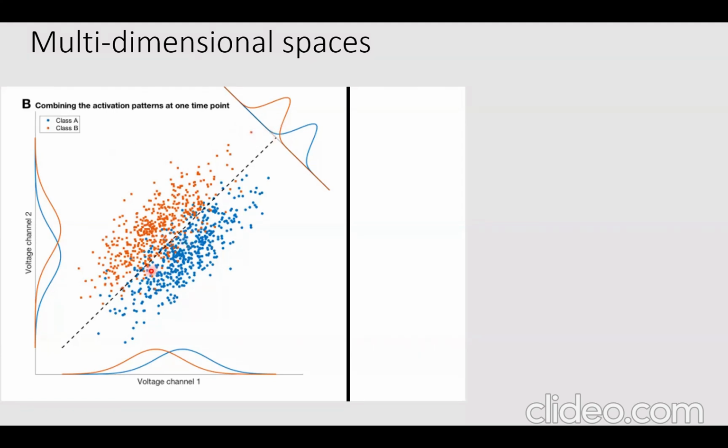And in this representation, we can try to fit, for example, a new model that tries to distinguish the classes. And it can be a bit more sensitive or better at capturing this.